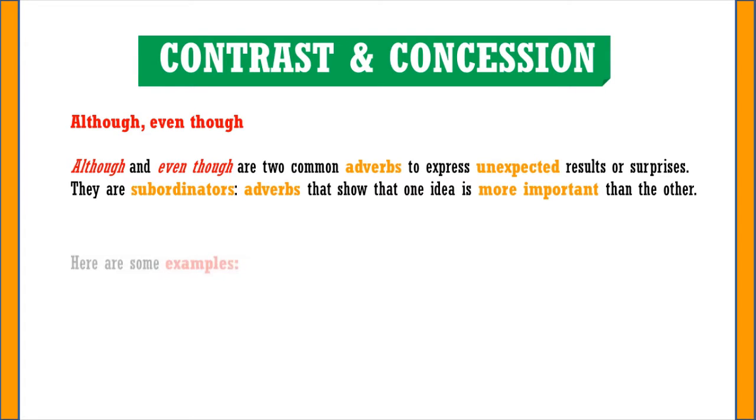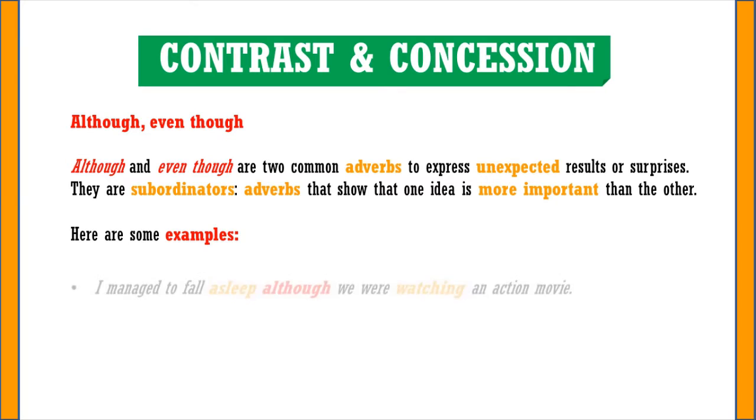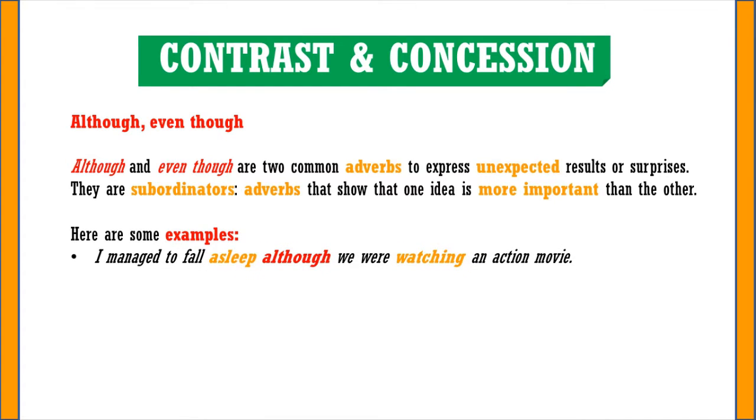Here are some examples. I managed to fall asleep, although we were watching an action movie. Here the speaker tells us he could fall asleep while watching an action movie. It's surprising for most people that the speaker manages both these activities simultaneously. In fact, we can use although at the front of the sentence.